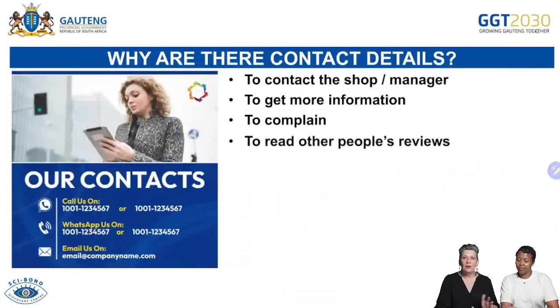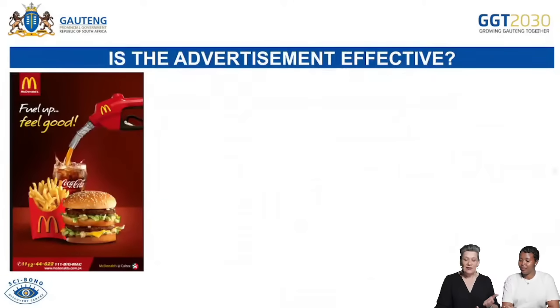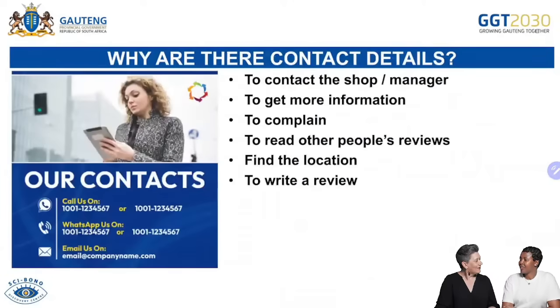A lot of time you can actually read other people's reviews about the product online. You can find the location of a shop. You can even write a review. So these are the reasons there's contact. Remember, contact sometimes could be a website, a contact number, or their social media page, which you can use to get more information about the products, right?